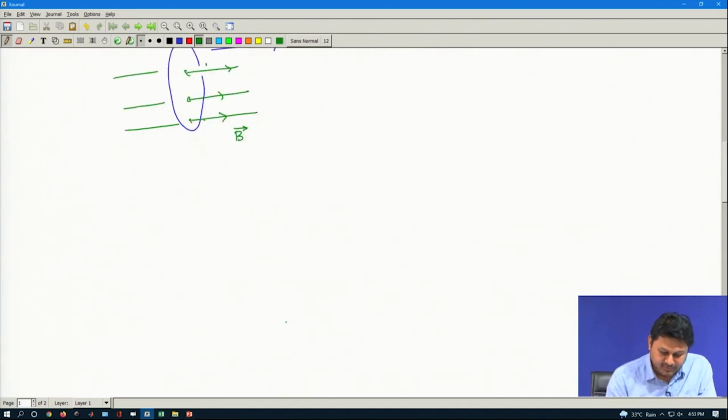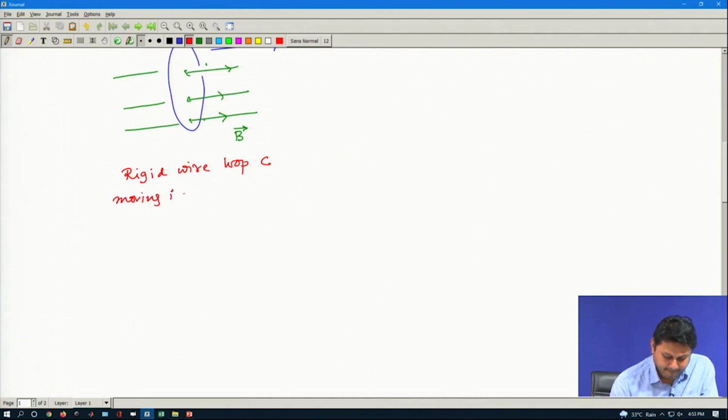Then we should write here that the rigid wire loop C is moving in a magnetic field which is not uniform, which is steady but not uniform, which does not depend on time but may be a function of r.